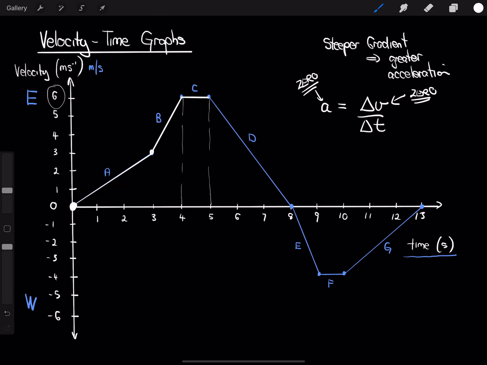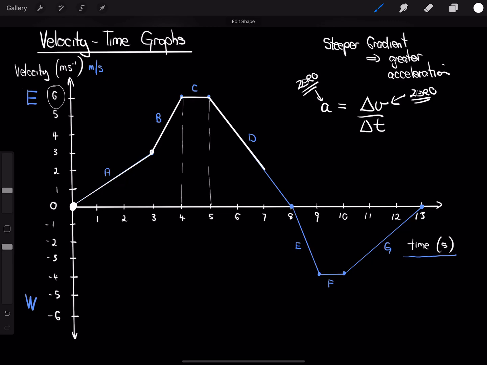All right, now let's have a look at section D. In section D, the object, whatever's moving, its velocity is reducing. It's still travelling. This is the tricky part. If we go to the 7 second point, we can see that its velocity is approximately 2 meters per second east.